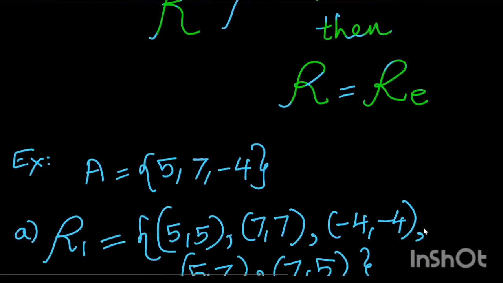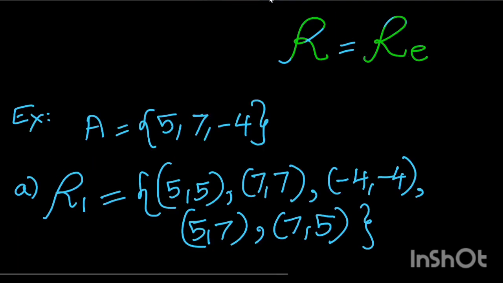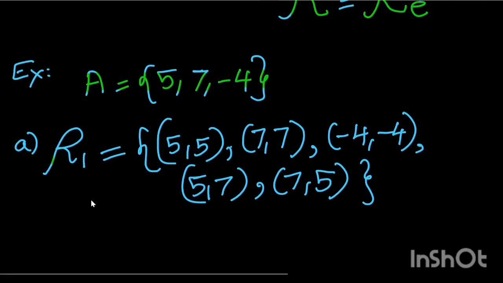Some examples of a reflexive relation, guys: if A is given to be 5, 7, minus 4, then this R1 is an example of a reflexive relation.